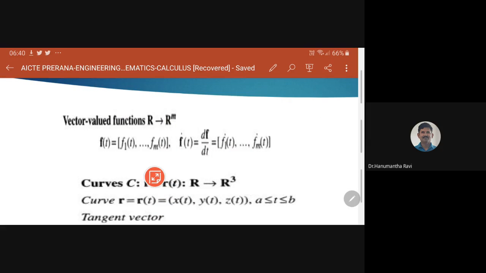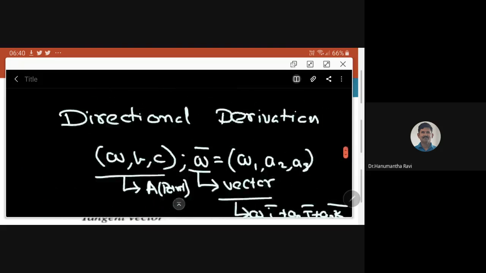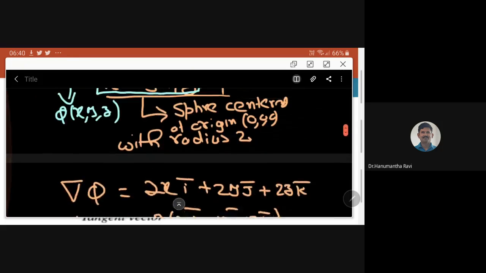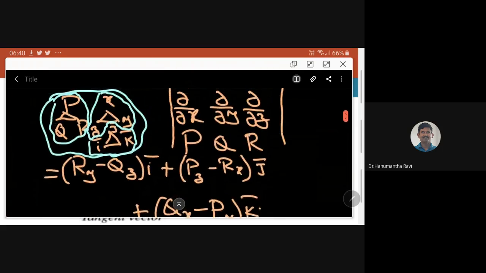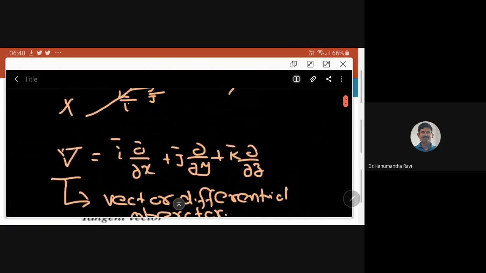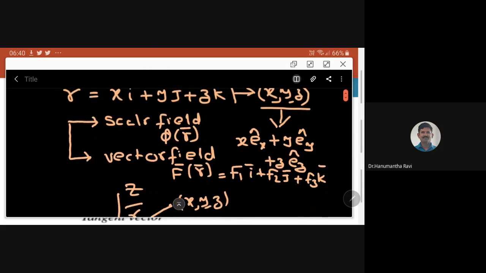So far we are talking about functions of a vector variable. How many types of functions of vector variables are there? There are two types. If the value of that function is a scalar, then it's called a scalar field. If the value of that function is a vector, then it's called a vector field.